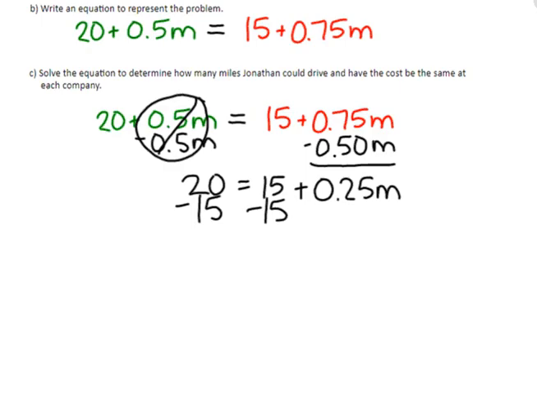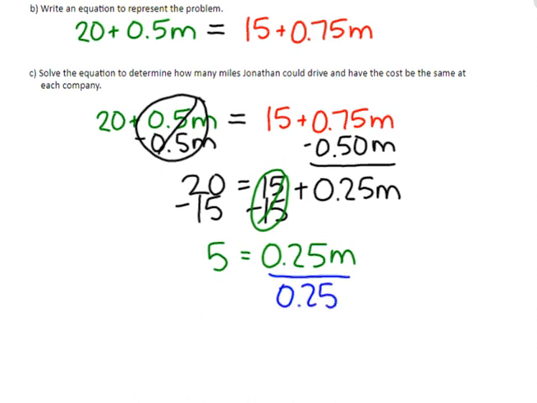So we get 5 is equal to 0.25m, and then we'll divide by the coefficient. Dividing by 1/4 is the same as multiplying both sides by 4.